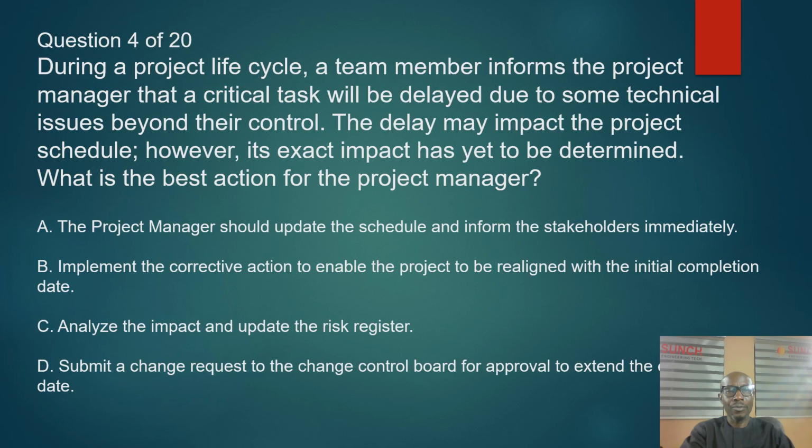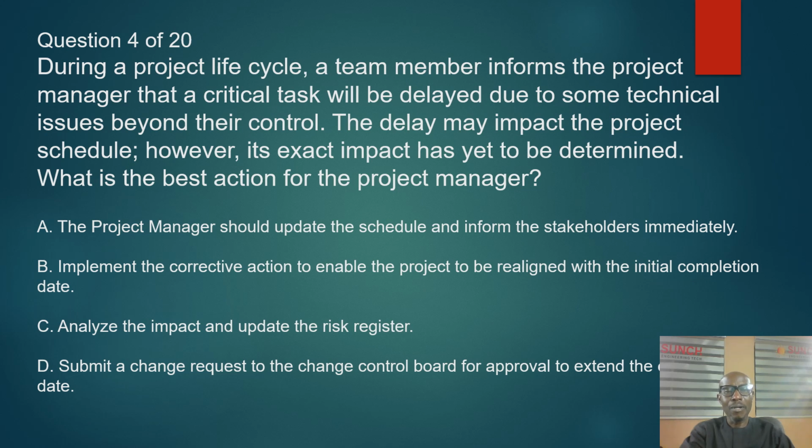Question 4. During a project life cycle, a team member informs the project manager that a critical task will be delayed due to some technical issues beyond their control. The delay may impact the project schedule. However, its exact impact has yet to be determined. What is the best action for the project manager? A. The project manager should update the schedule and inform the stakeholders immediately.